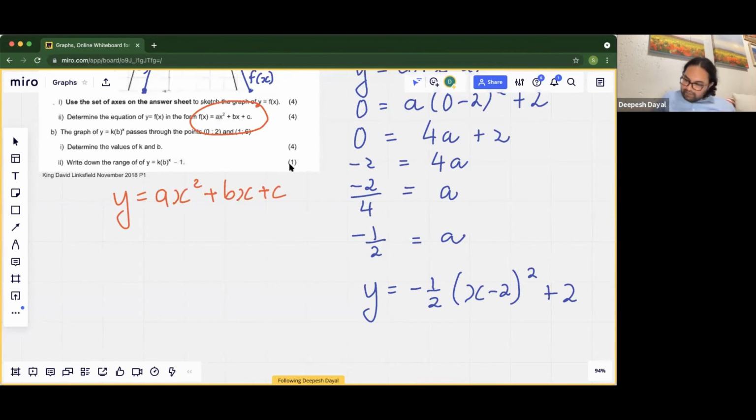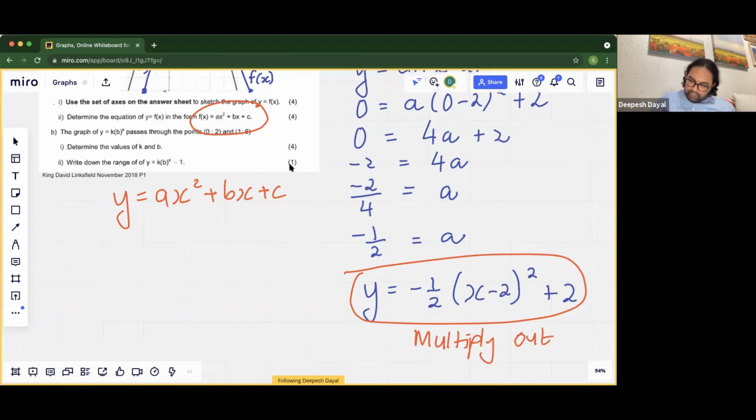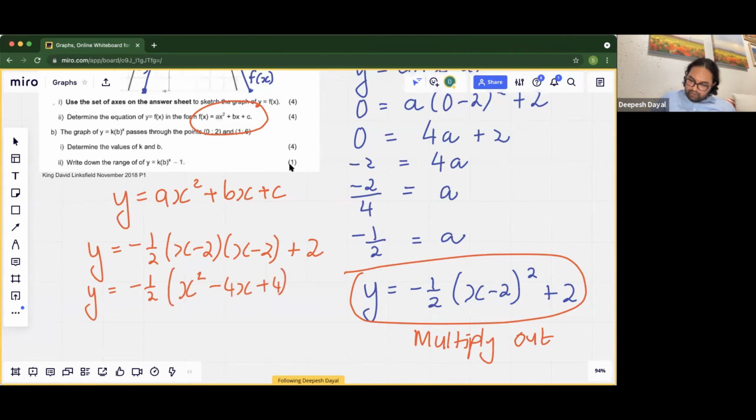So we need to multiply this out. So it will be y = −½(x − 2)(x − 2) + 2. So we multiply the whole thing out. So it's going to be y = −½(x² − 4x + 4) + 2.